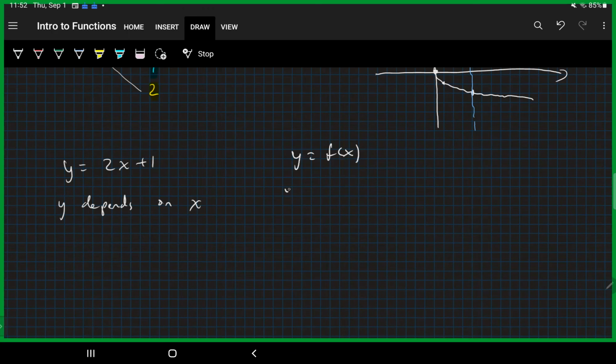And this is y is a function of x. So this is new notation here. The function notation, this f of x, f is the function, and x is the input, and y is the output.